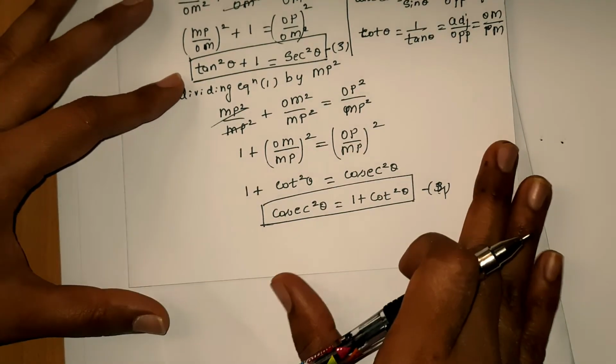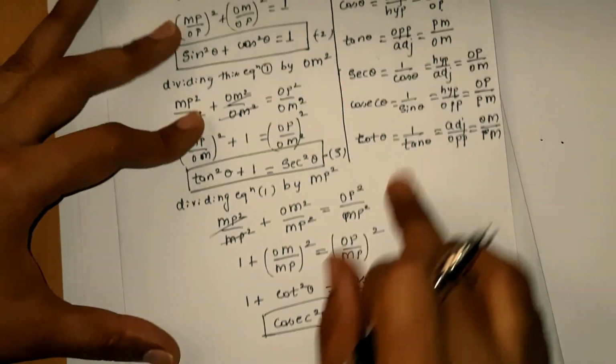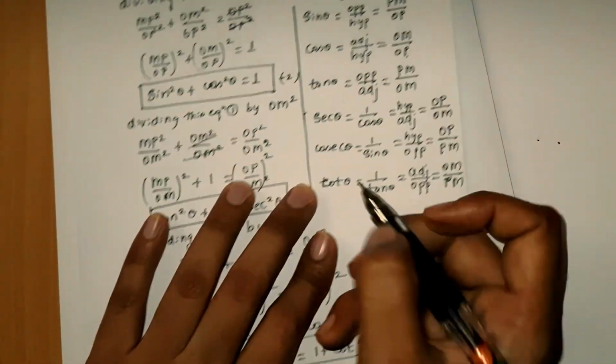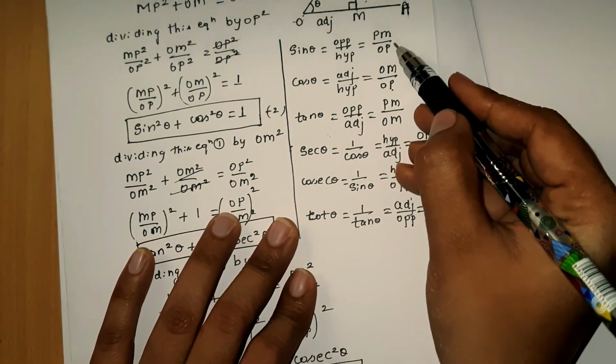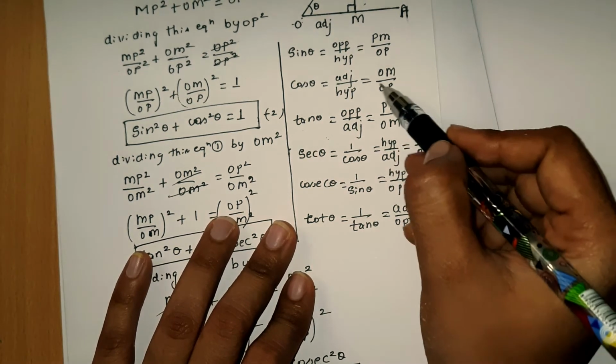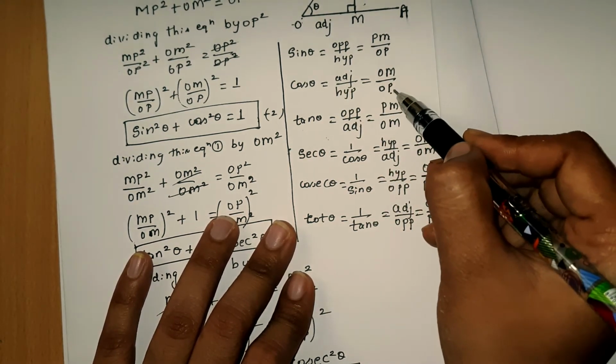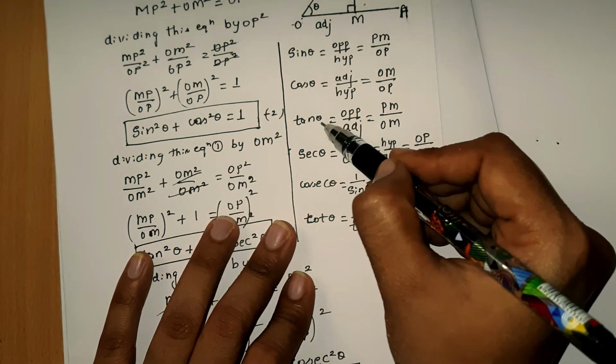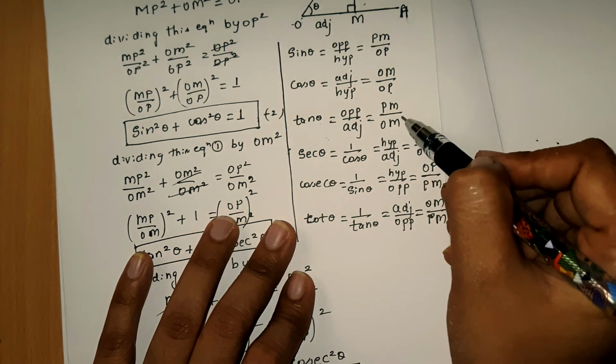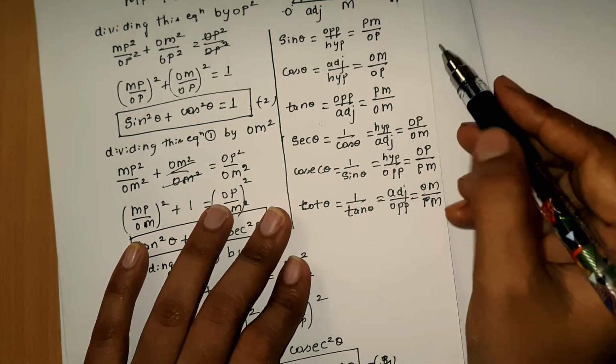So now just observe here, we have sin theta as PM by OP and cos theta as OM by OP. Whereas tan theta is PM by OM. So now just observe here.